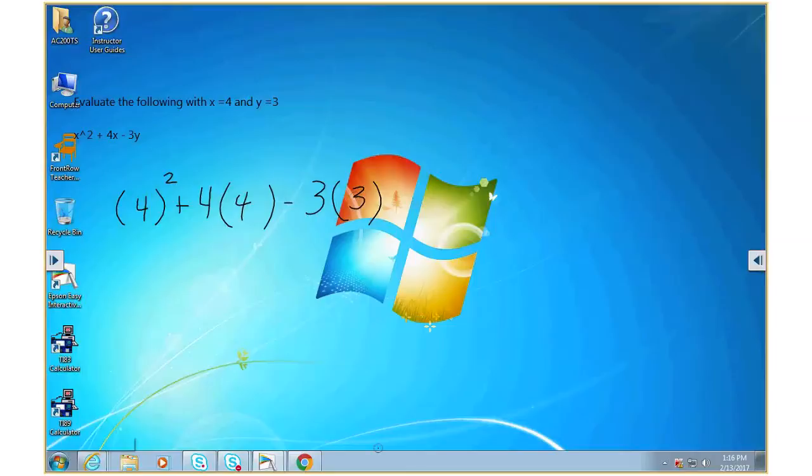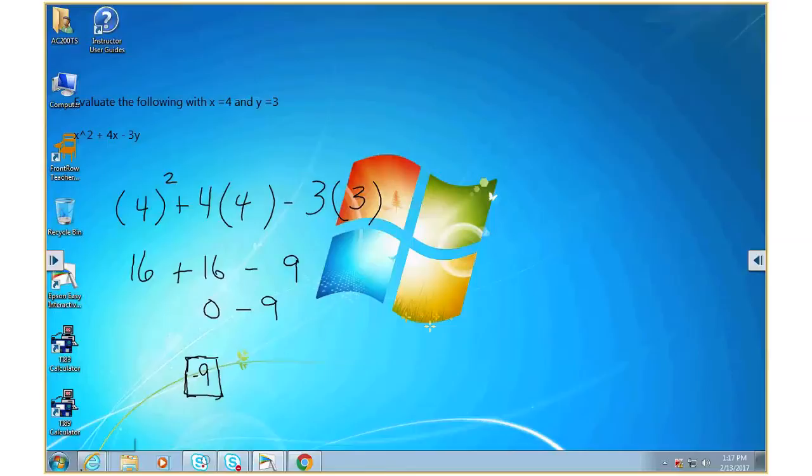And then plug into it. 4 squared is 16. 16 plus 8 minus 9. 16 plus 8 is 24. 24 minus 9, 15. Yep, it sure is. I just had a brain bubble. 16, there we go. And what is 0 minus 9? Thank you.